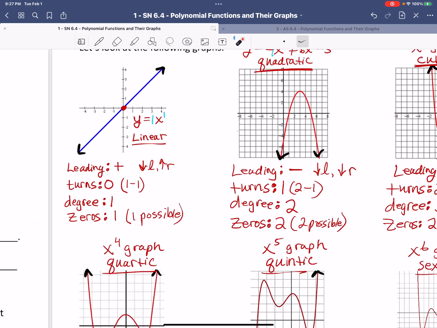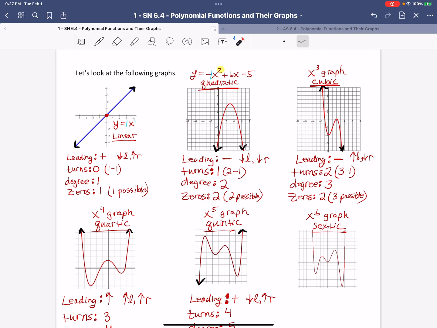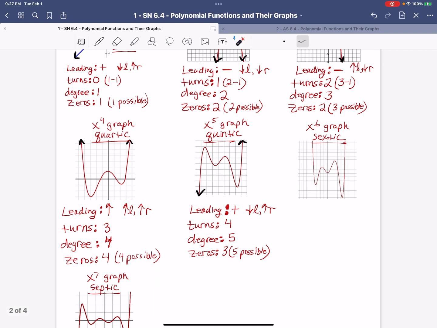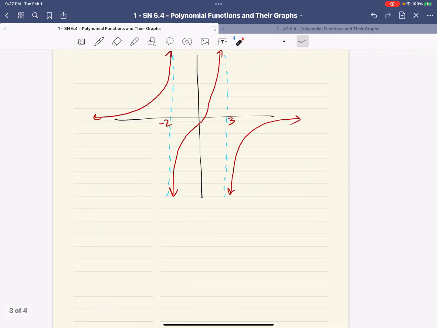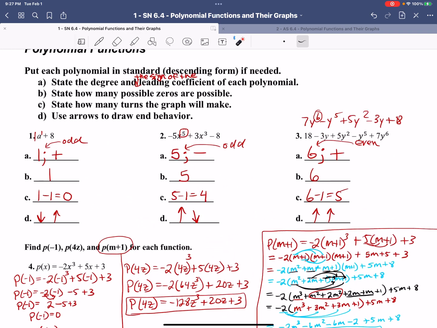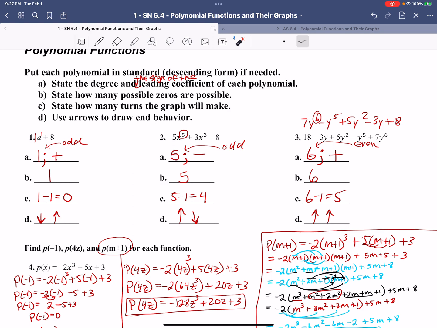Then we also need to know the names of the 7 types of graphs you're responsible for. Linear has a degree of 1, quadratic has a degree of 2, cubic has a degree of 3, quartic has a degree of 4, quintic has a degree of 5, sextic has a degree of 6, septic has a degree of 7.